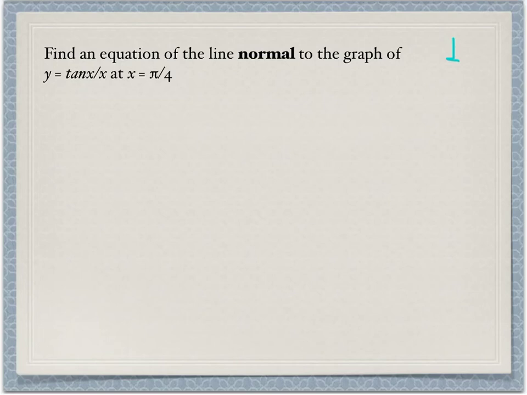Alright, so if I want to find the derivative of this, again, notice that this is one of our quotient rules here. This is tangent of x over x, so ho d high, so my ho is just x. The derivative of tangent is secant squared.